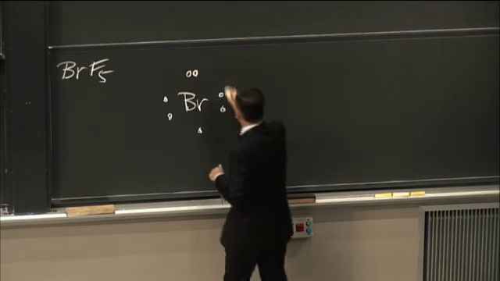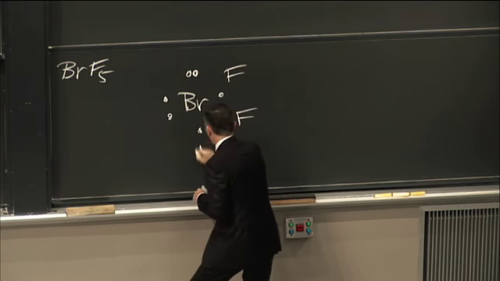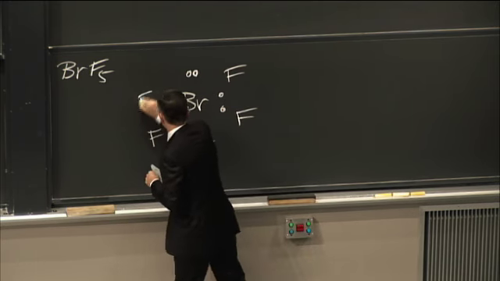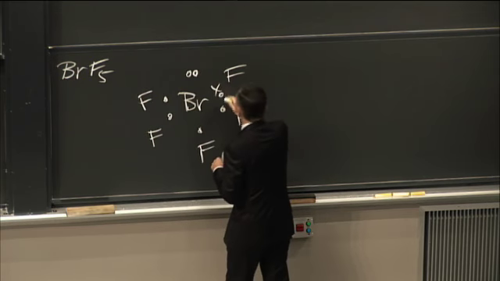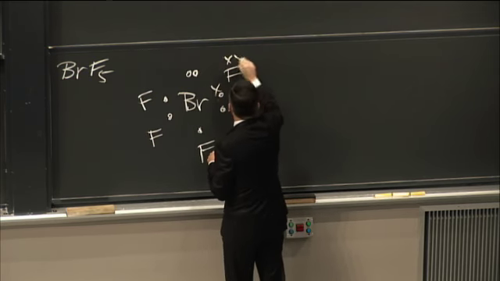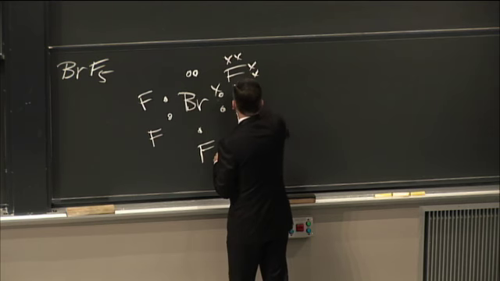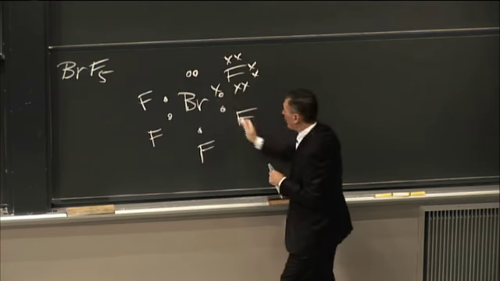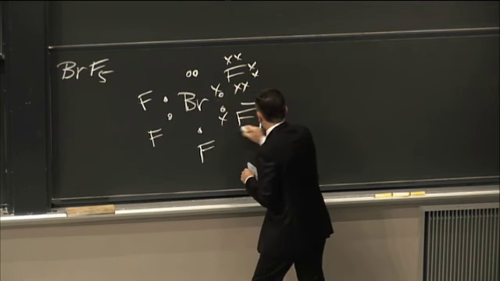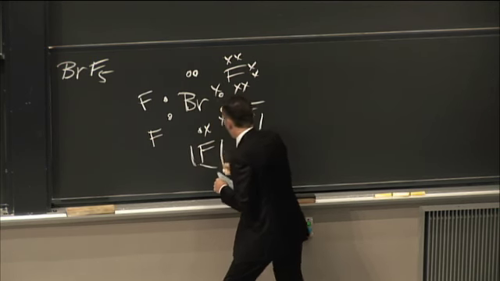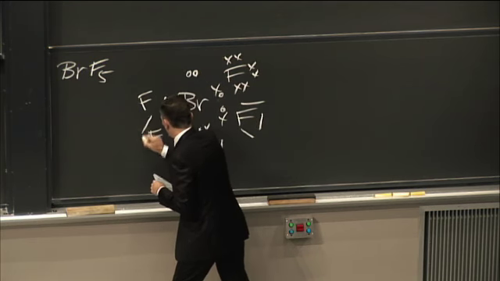And I'm going to bring in the fluorines. 1, 2, 3, 4, 5. And just as before, there's 1, 2, 3, 4, 5, 6, 7. So you get a bond with each fluorine.